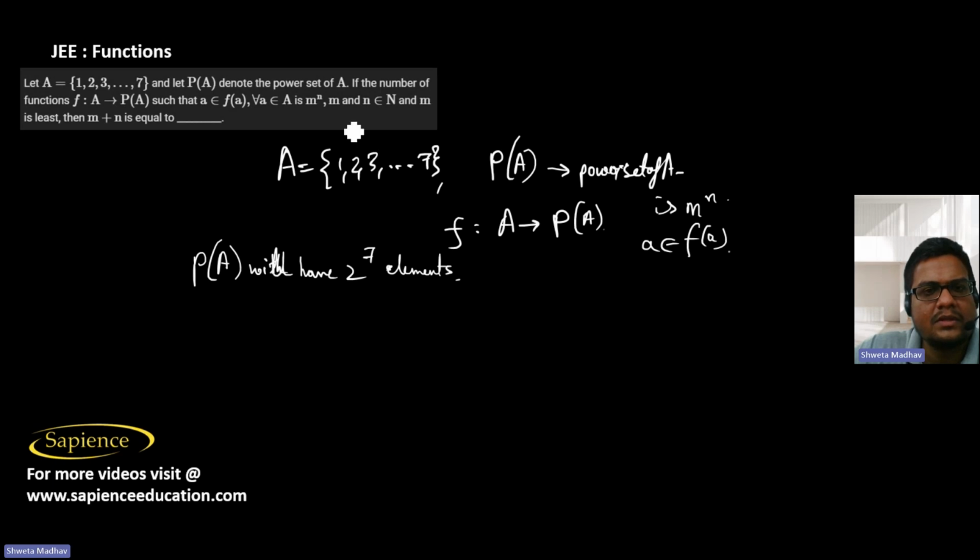So we have to form functions from A to P of A. It means that every element in the set A has got 2 power 6 choices.